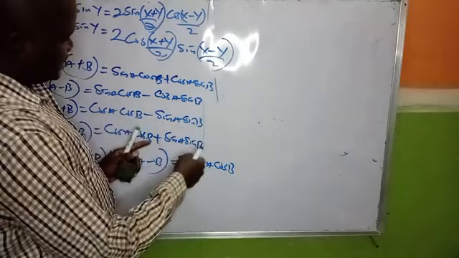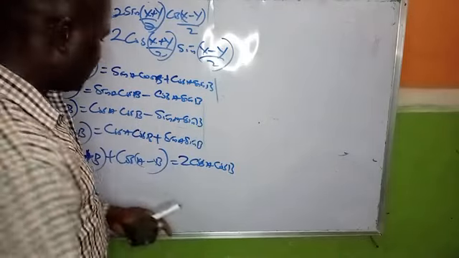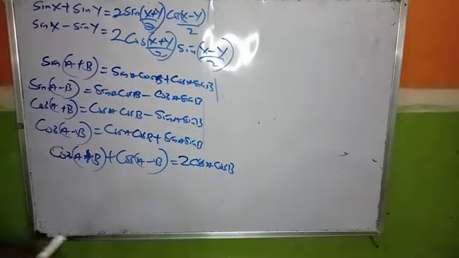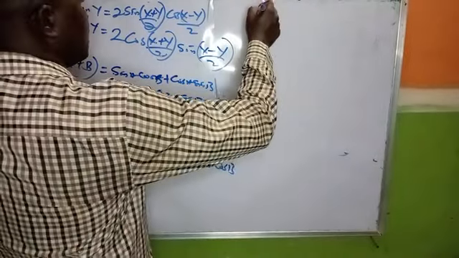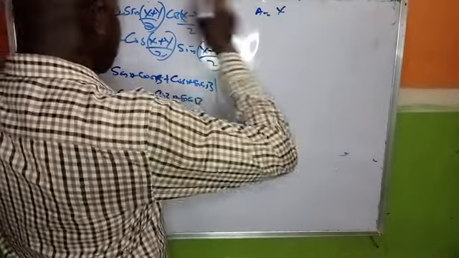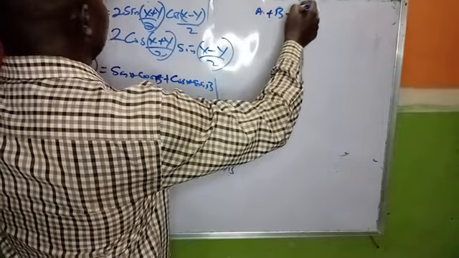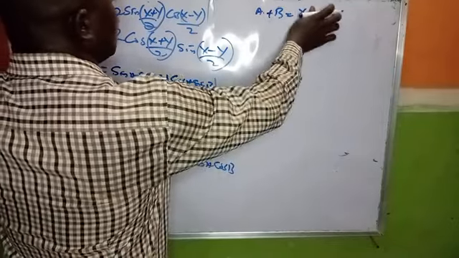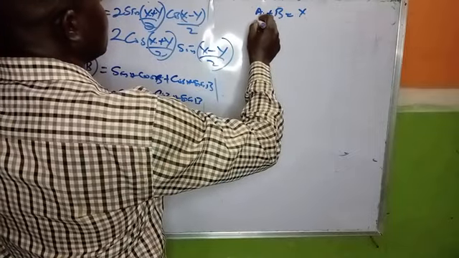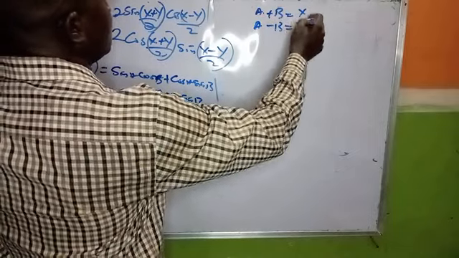For this, if you add, minus and plus will be 0. So you have this. Then you can replace it. As I told you, a plus b is x. Then a minus b is y.